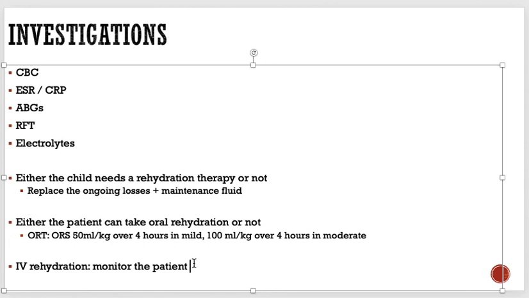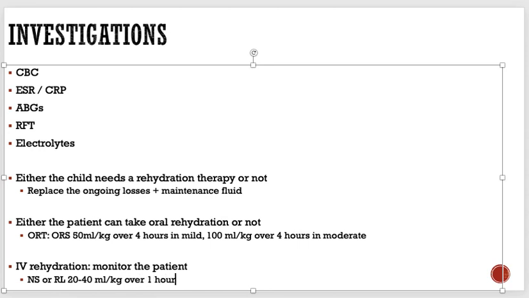In that case, you must know how to give them. A very easy rule you can remember: normal saline is the most commonly used resuscitation fluid, or ringer lactate, and we can give them in severe dehydration. We can give 20 to 40 milliliter per kilogram over 1 hour.